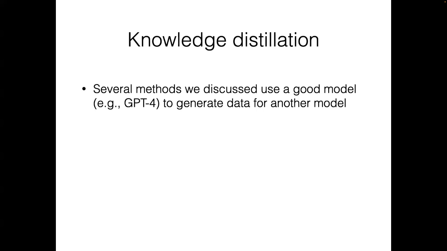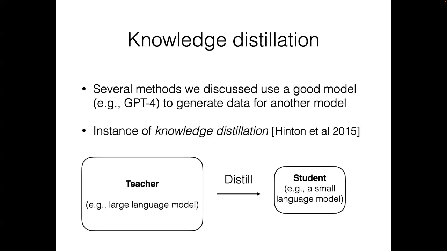The framework for this is that doing this is an instance of what's called knowledge distillation, where we have some teacher model, and it could be a larger model like GPT-4 or a better model. And then we're in some sense distilling information from it into a student model, which could be something like a small language model.